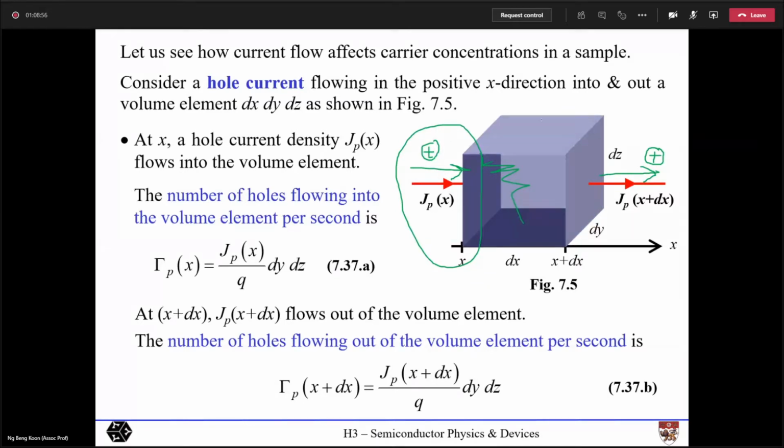The net difference between the two will tell you how many holes are changing per unit time. For example, if on the left-hand side you have 10 holes added per second, and on the right-hand side you have 5 holes taken out per second, there's a net change of 5 holes per second to the volume here. So the holes increase by 5 per second, right?